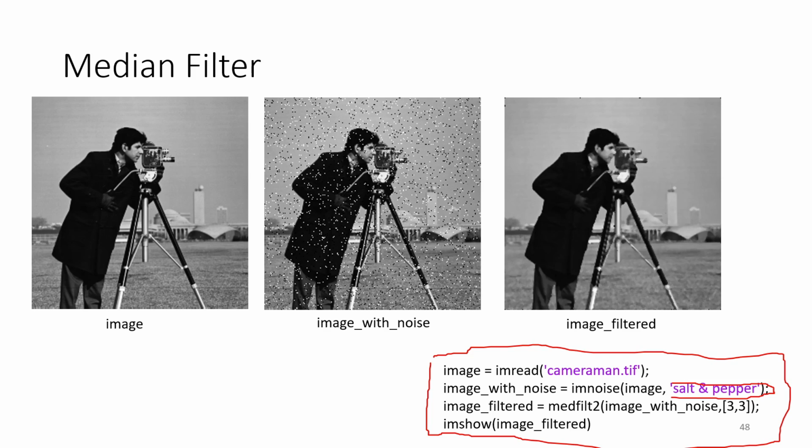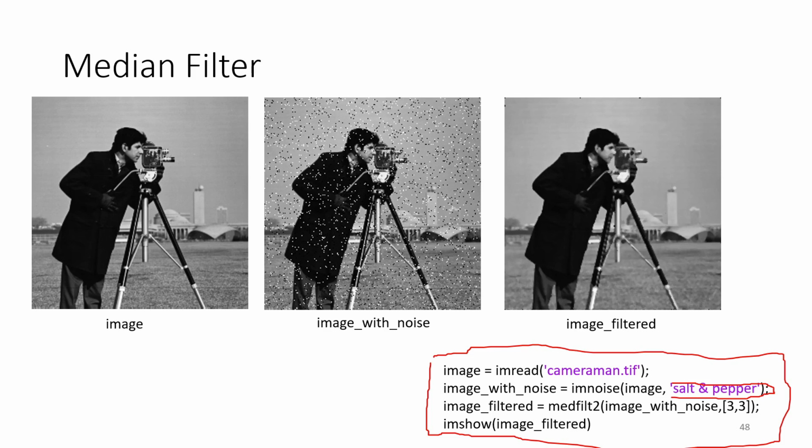I apply the noise function, and I can specify what kind of noise I would like. In this case, I use salt and pepper, where salt is white and pepper is black. So I add a lot of white and black noise onto this image.